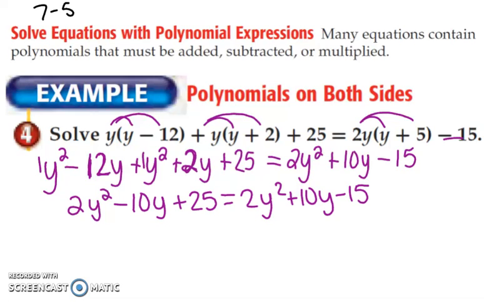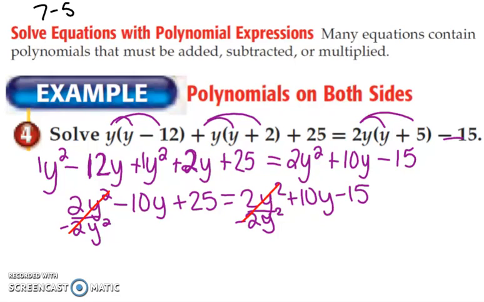Now I have to solve this equation. That means I have to get everything with y on one side and all the numbers on the other side. So I can see right now that I have 2y squared on this side and 2y squared on that side. So when I subtract 2y squared from this side and from that side, they're going to end up canceling out.